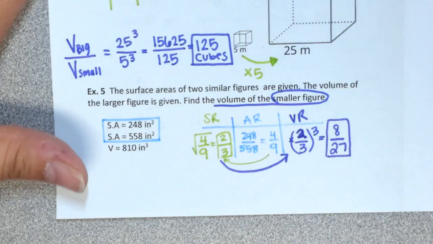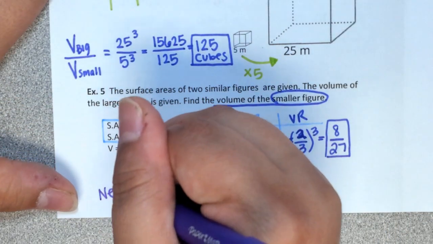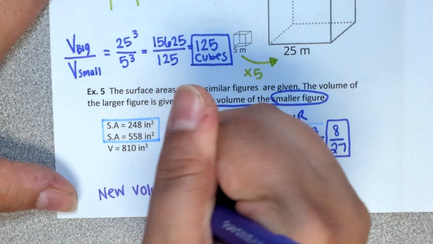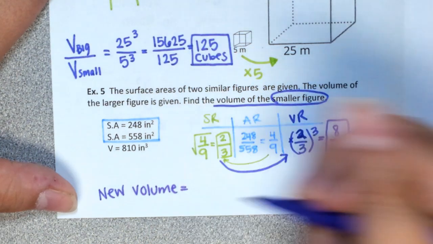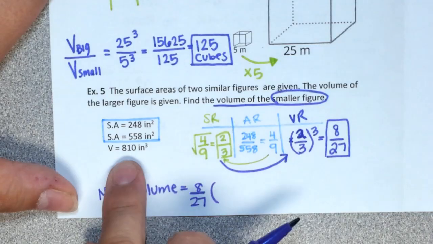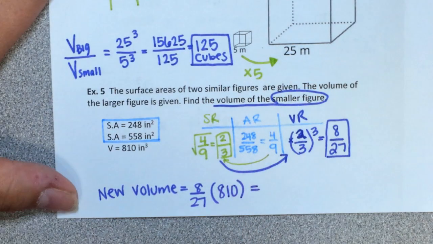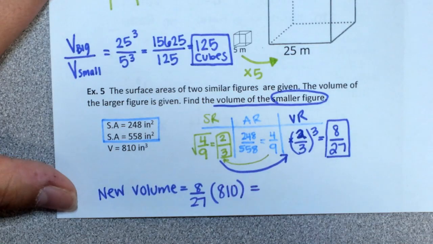What am I going to do with that? To find the new volume, I'm going to do 8/27 times the volume of the bigger. Can you please put that in your calculator and tell me what you get?